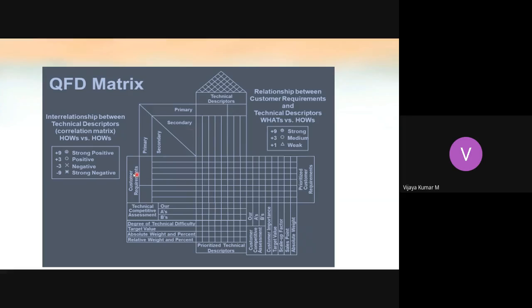This kind of language that we are using, customer requirement, technical descriptors, relationship matrix, and correlation matrix, is common, and it is generalized to every industry. It could be a product industry or a service industry.